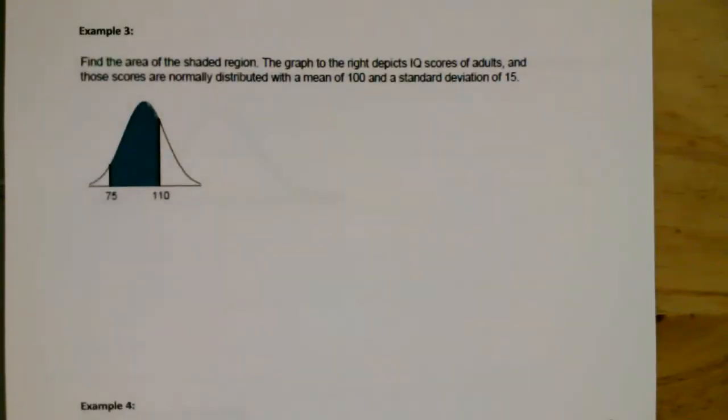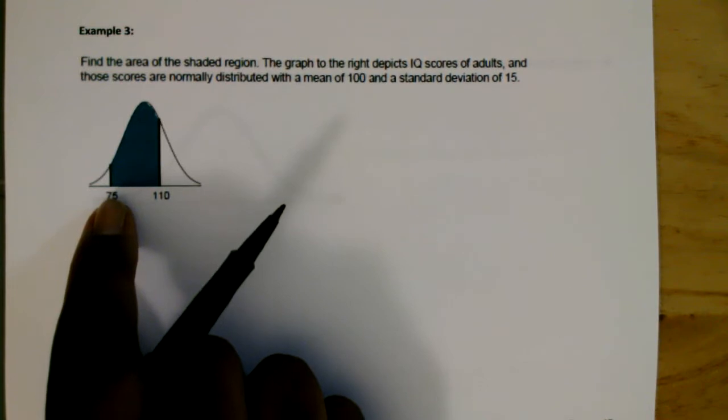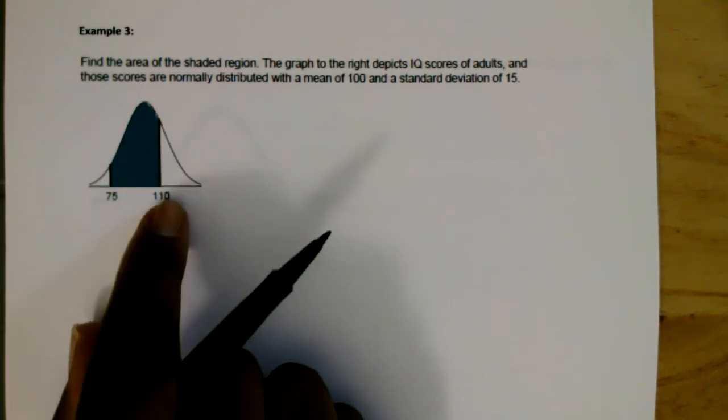All right, here's another example. Say I want to find the area of the shaded region. The graph here depicts IQ scores, and those scores are normally distributed with a mean of 100 and a standard deviation of 15. So I'm trying to find the probability of randomly selecting an adult whose IQ score is between 75 and 100.